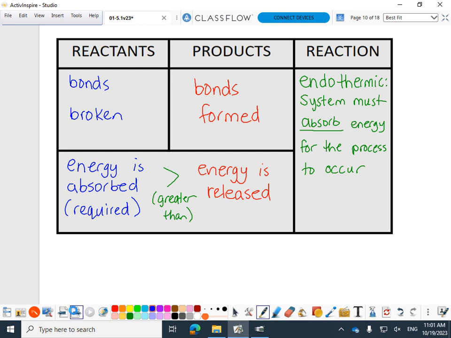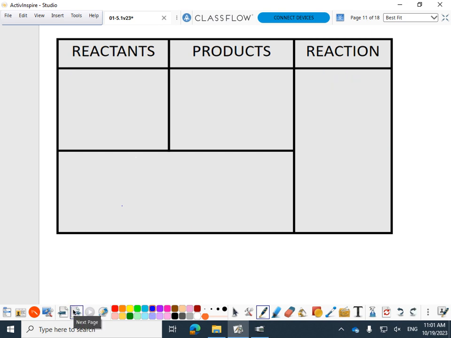So we're going to do almost the same thing. We're going to write bonds broken, bonds formed, energy absorbed, energy released.